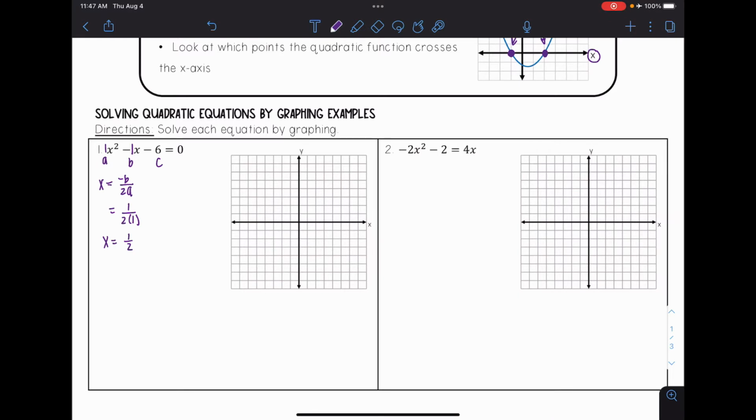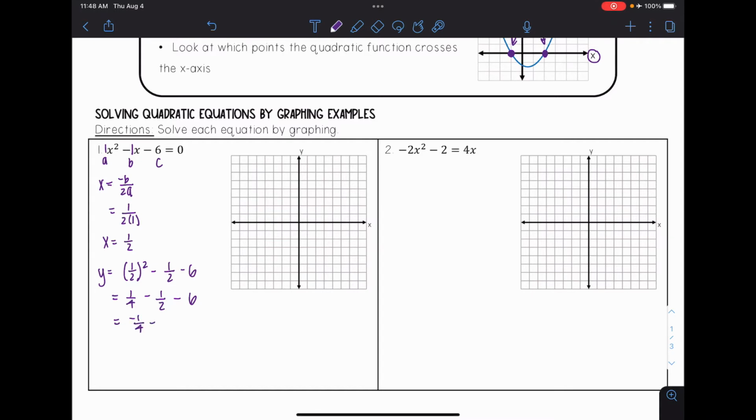And then I need to find my y coordinate. So to find my y coordinate, I'm just going to plug my x equals 1/2 into the equation. So I get 1/2 squared minus 1/2 minus 6. So I get 1/4 minus 1/2 minus 6, because 1/2 squared, same thing as 1/2 times 1/2, is just 1/4. 1/4 minus 1/2, I get -1/4.